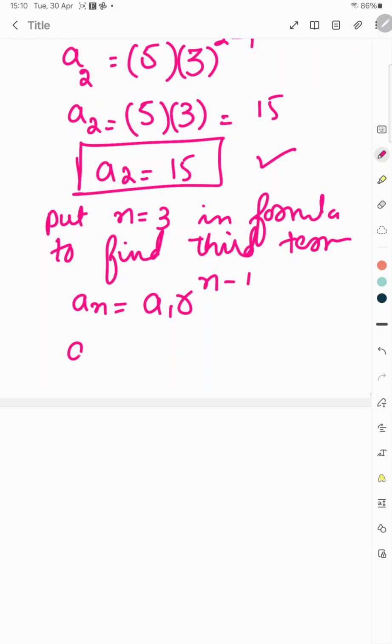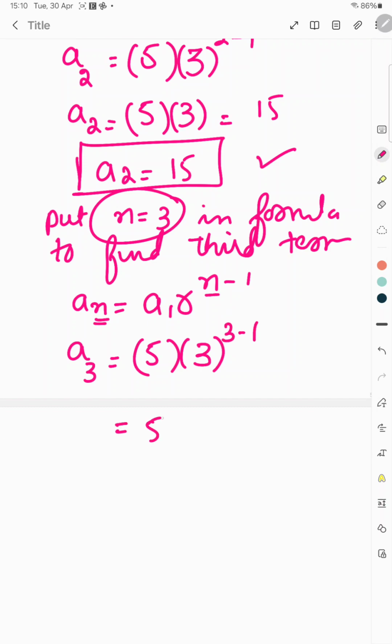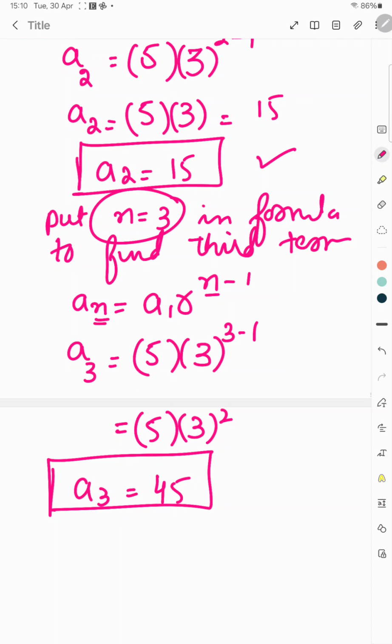So here a, instead of writing n, I will write n is equal to 3. a1 is 5, which is given, r is also given, which is equal to 3, and instead of writing n, I will again write 3 minus 1, which is equal to 5 times 3 square. So a3 is equal to 45. So I have just found the third term.